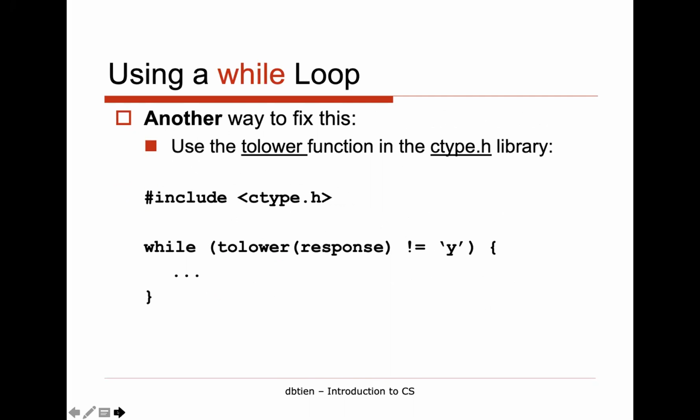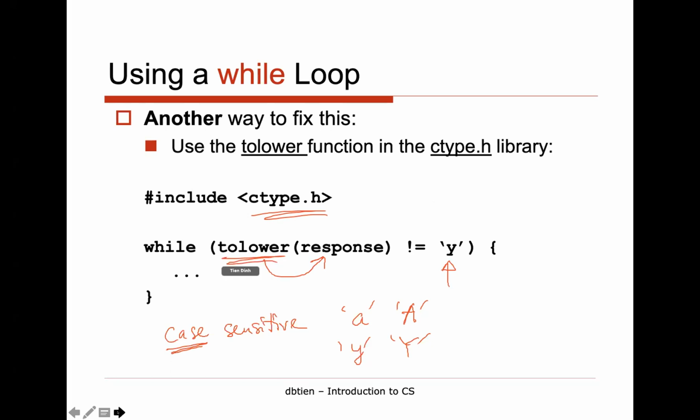In order to work on characters here, because when you input a character, you have small a and big A, small y, small yes and big yes, there is a function in the C-type library that will convert a character to upper or lower case. So if you are working with case sensitivity, you can use tolower or toupper to convert it.